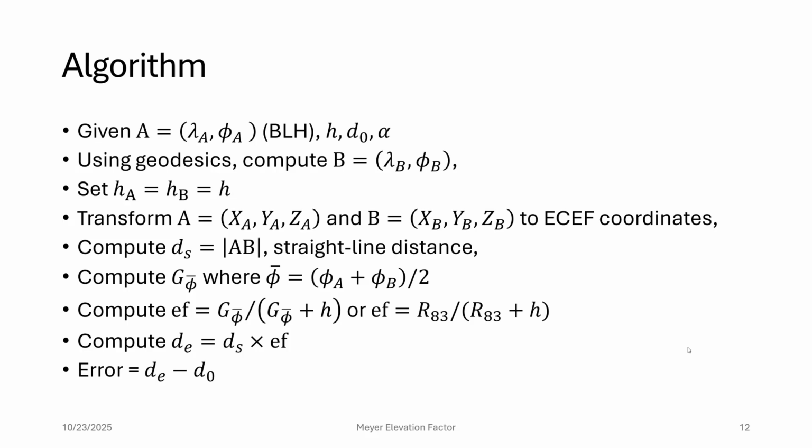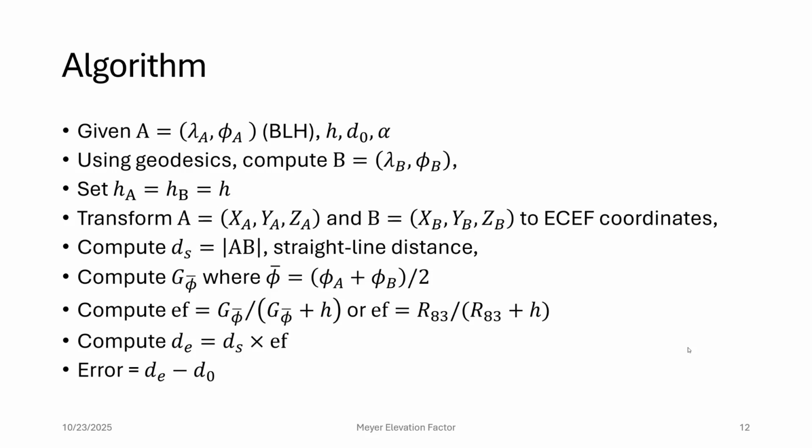Then I will set the ellipsoid heights of A and B equal to the testing height of H, which you remember is going to go from minus 250 to 2,000 meters, and I'll do it in steps of 250 meters. Now that I have A and B in BLH coordinates, latitude, longitude, height, I will transform those into Earth-centered, Earth-fixed XYZ coordinates.